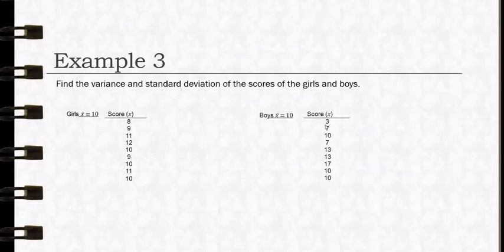Why? Because of the presence of extremely low or very high values like 3 and 17. The scores are spread out from the mean.